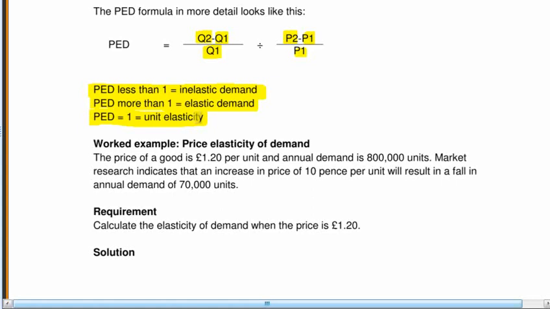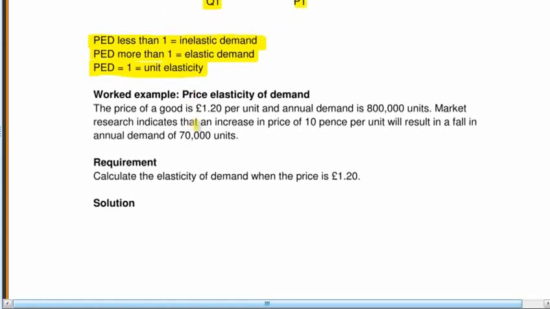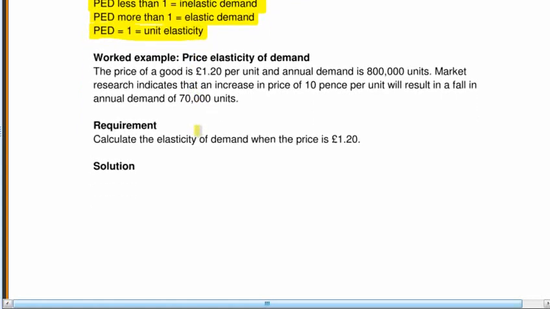So let's have a work through this one together. The price of a good is £1.20 and demand is 800,000. Market research indicates that an increase in price of 10 pence per unit will result in a fall in demand of 70,000 units. So what is the price elasticity of demand? So we need to take quantity on top.